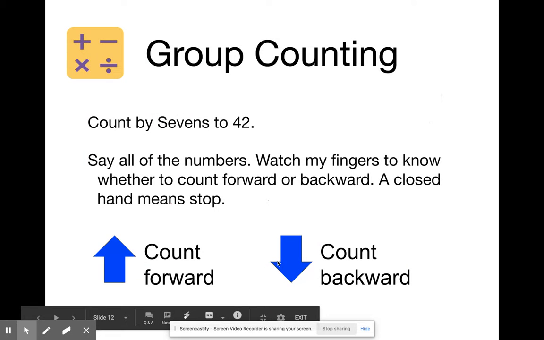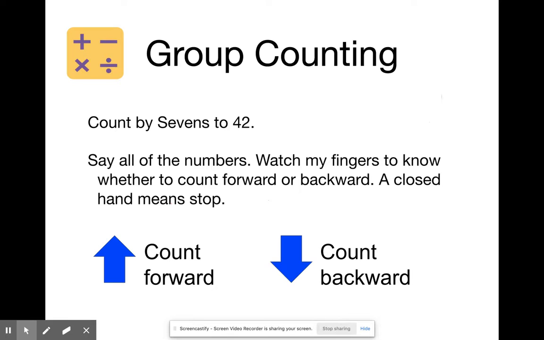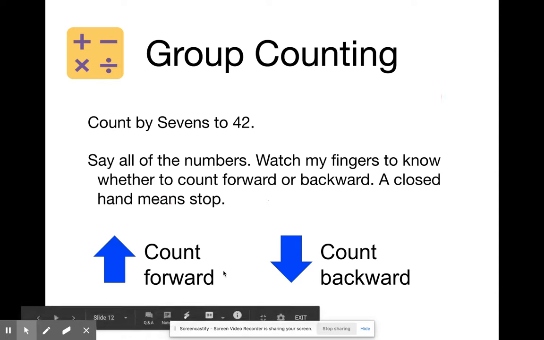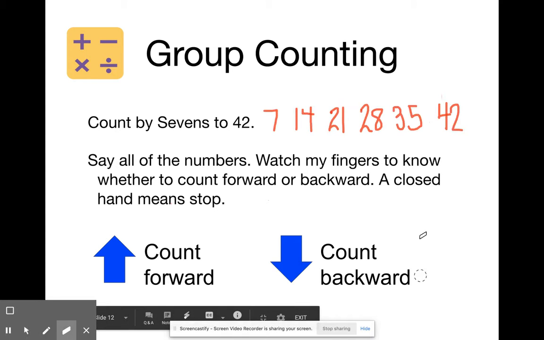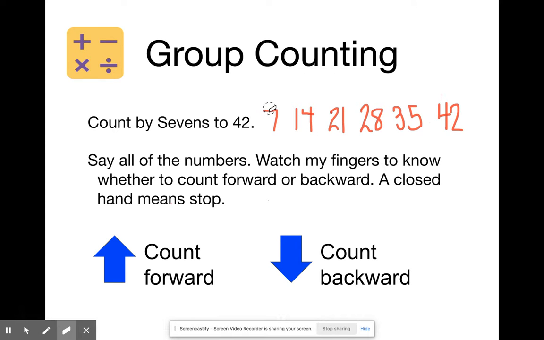Okay, the next group counting we're going to do is we're going to count by 7s to 42. And what I'm going to do is draw the 7s to 42 for you, and then I'm going to erase some of them to see if you can do the first set from memory. Okay, so all together counting forwards, everybody with me, 7, 14, 21, 28, 35, 42.